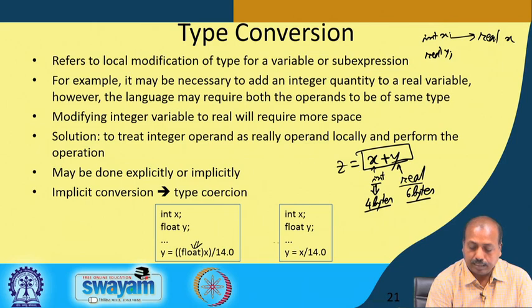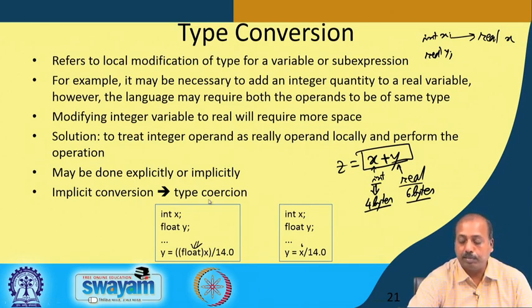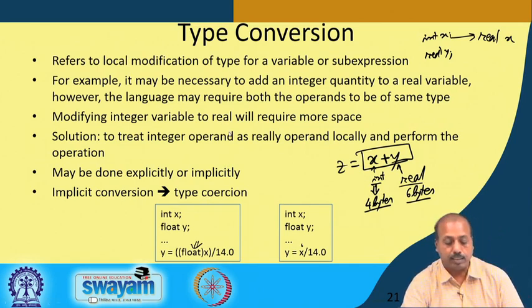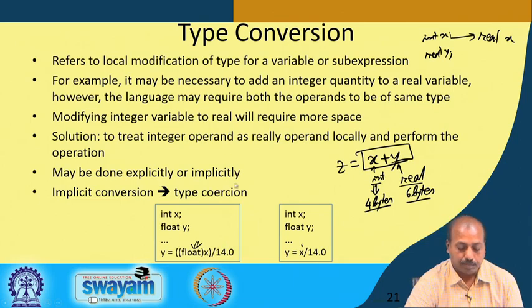And then there is the type coercion: you can also write x by 14.0. In that case implicitly it will convert this x to float and then assign it to y, whereas in the other one, this is explicit, and here the programmer has explicitly mentioned that this has to be done in this fashion.